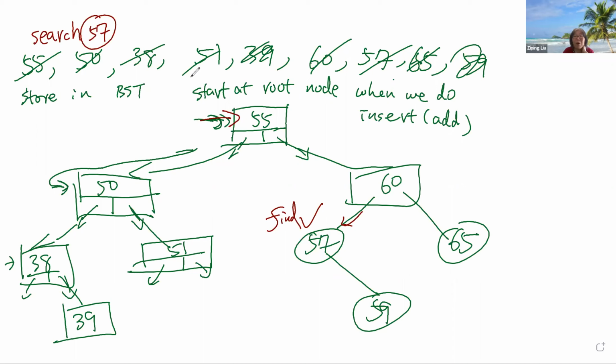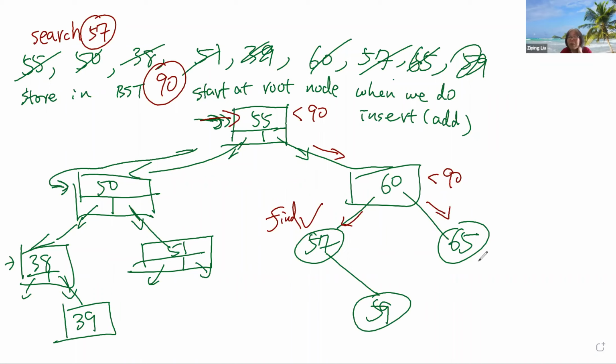And suppose we also search for some other node like 90. Similarly, you start at the root node, it's greater than 55, so you should go to right. Then compare with 60, it's greater than 60, so you go right.